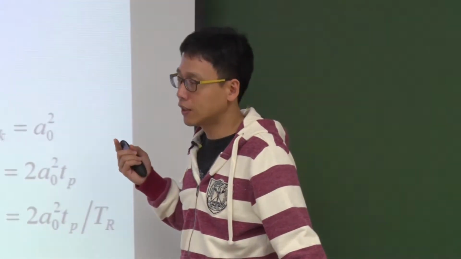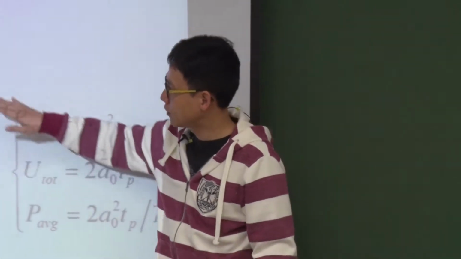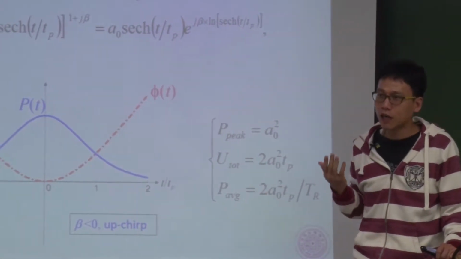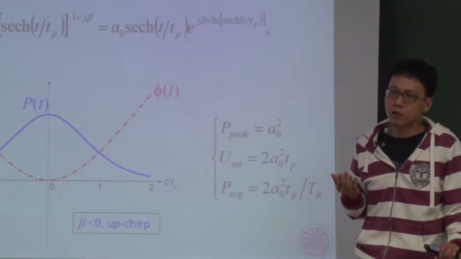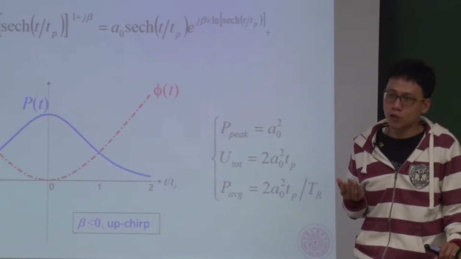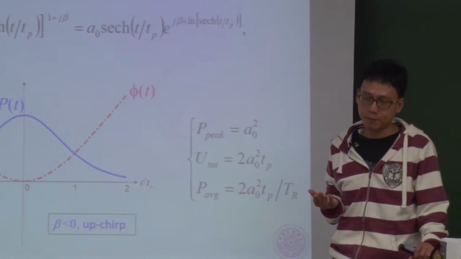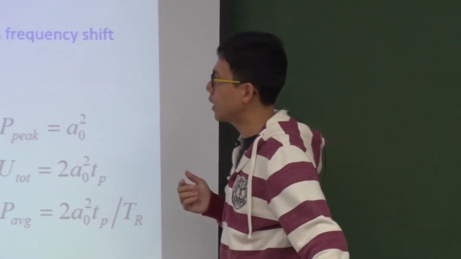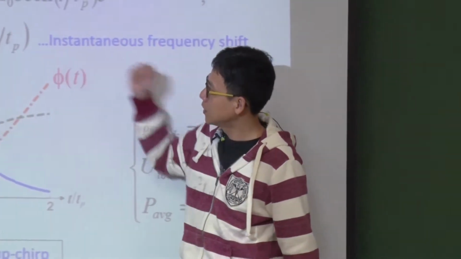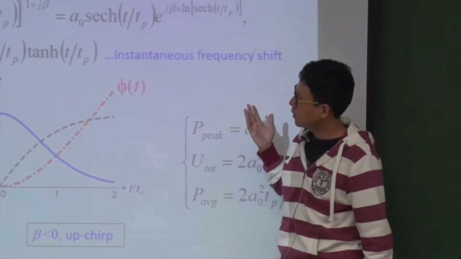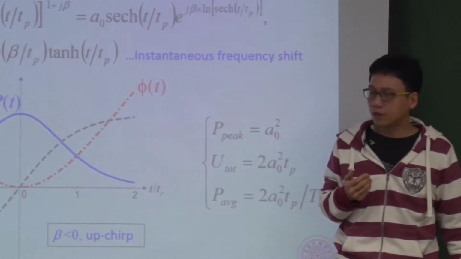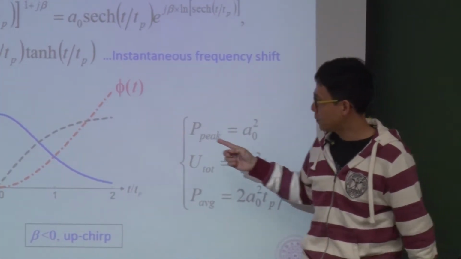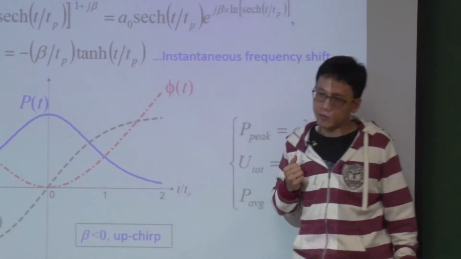If you have a nonlinear phase curve like the red one, if you take the first order derivative, you get the nonlinear frequency shift. Okay? Frequency shift is a function of time. So in this situation, after the time derivative, you get basically a tangent hyperbolic function, tanh function, represented by the gray dashed curve.